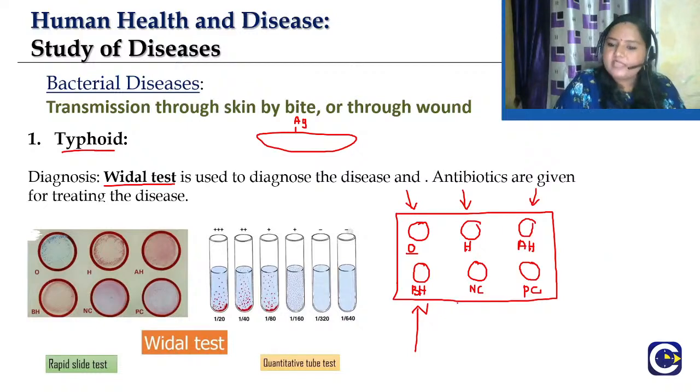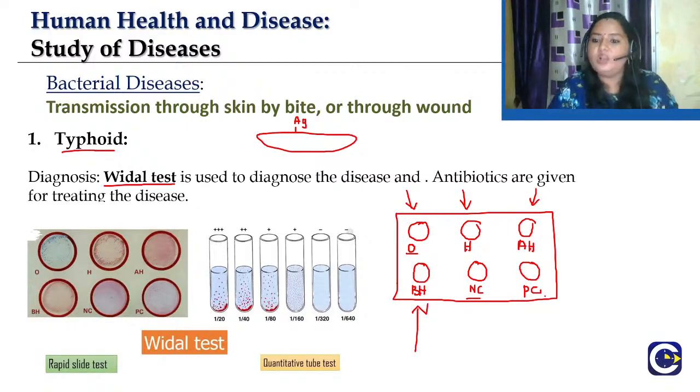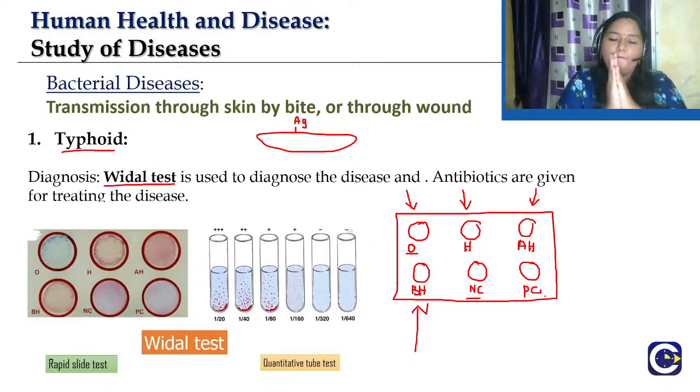So what are this NC and PC? NC is negative control, which is required, and PC is positive control. These two are required to judge whether we are getting a proper result or not.